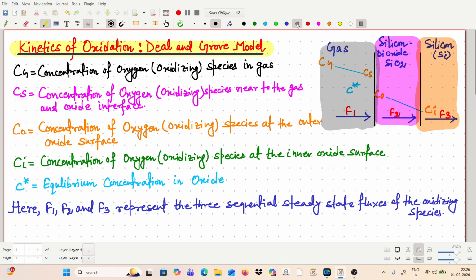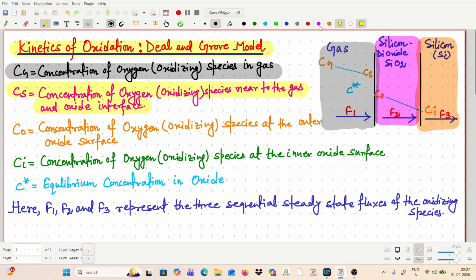The very first is Cg. Cg is basically the concentration of oxygen, the oxidizing species, in the gas. Then Cs is the concentration of oxygen, the oxidizing species, near the gas and oxide interface, that is the surface of the gas and silicon dioxide interface.